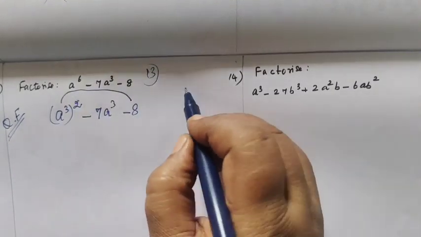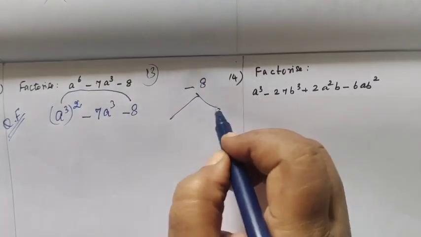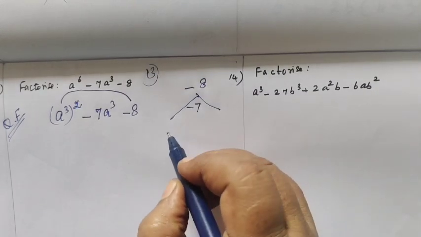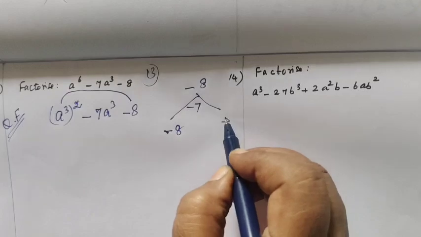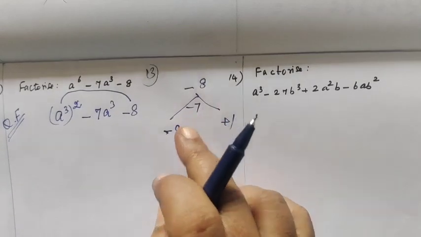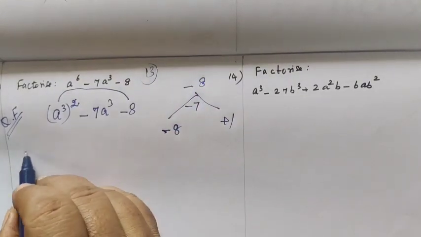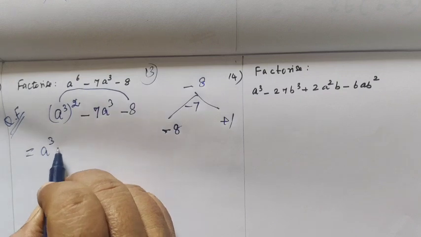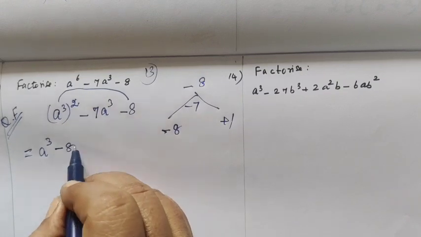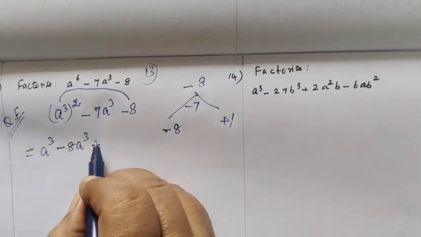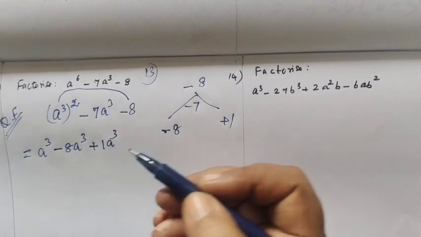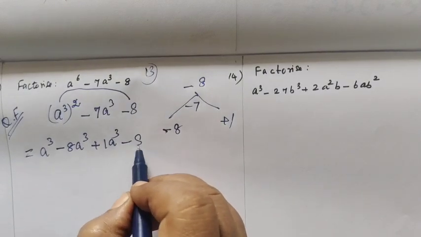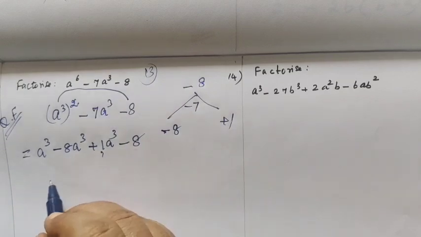Multiply to get minus 8, sum minus 7: minus 8 plus 1. So equal to a cube minus 8, a cube plus 1. Or you can write 1 and 8 here, anyway you can write; it's not necessary to write 8 here.